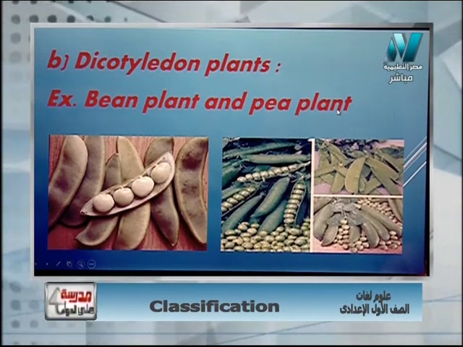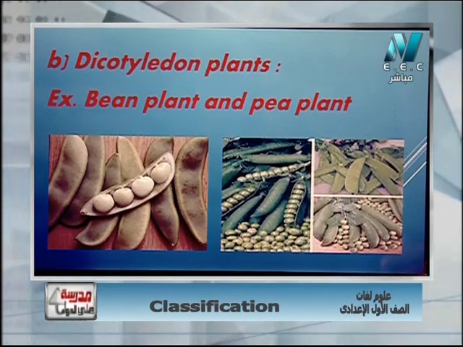So we can classify plants, number 1, in external shape, into distinguished by presence of stem, roots and leaves as trees, and number 2, plants which can't be distinguished into leaves, roots and stems as algae.